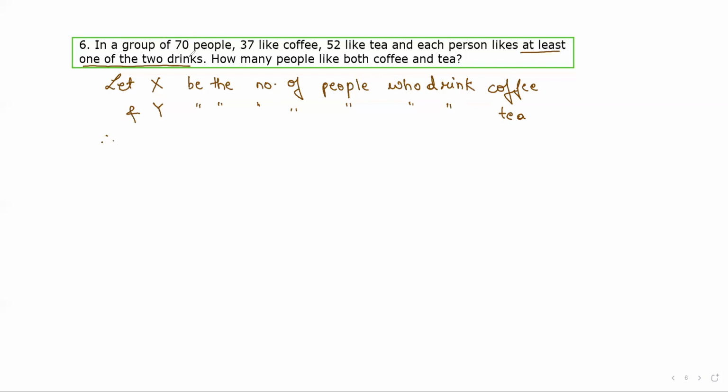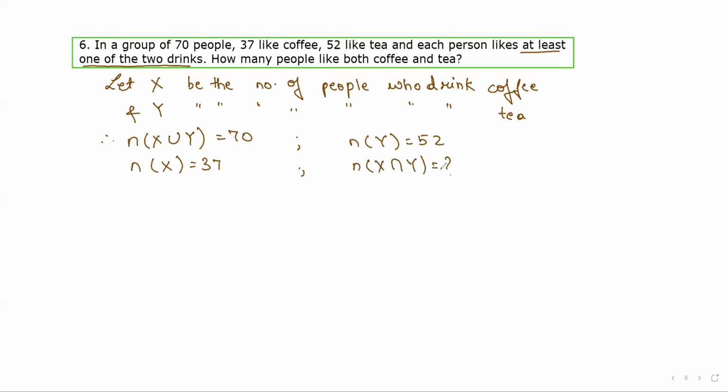Therefore, in a group of 70 people, n of X union Y is equal to 70. 37 like coffee, n of X is equal to 37. 52 like tea, n of Y is equal to 52. And each person likes at least one. How many people like both? So n of X intersection Y is to be calculated by the formula.